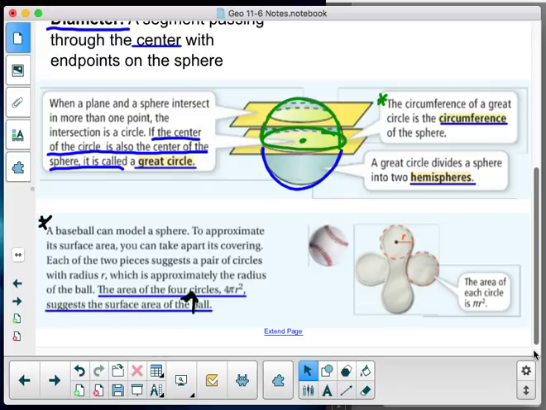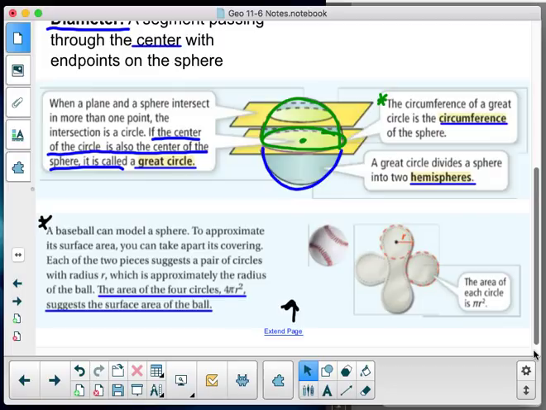The area of the 4 circles, 4 pi r squared, suggests the surface area of the ball. This area and this area, along with this area and this area, approximate the size of the covering. The radius of those circles is generally the radius of our sphere that covers the baseball.